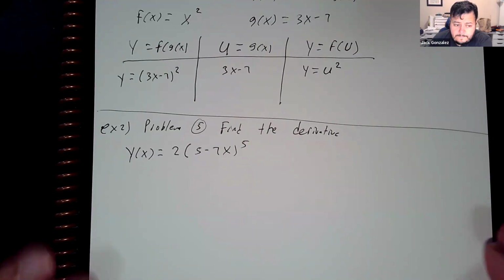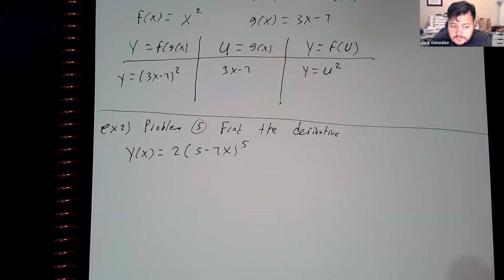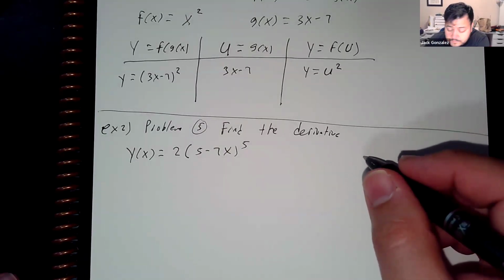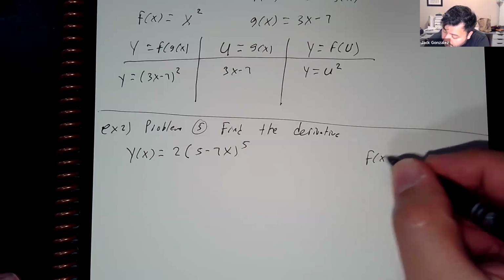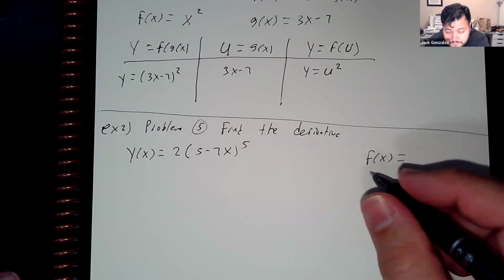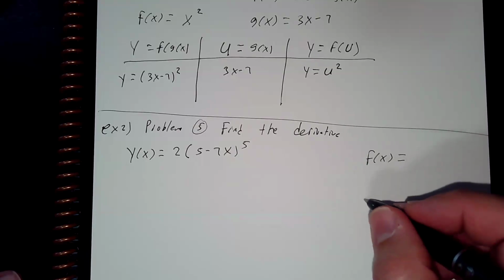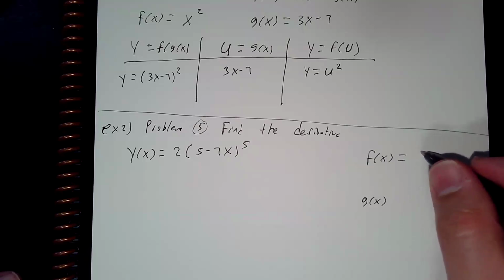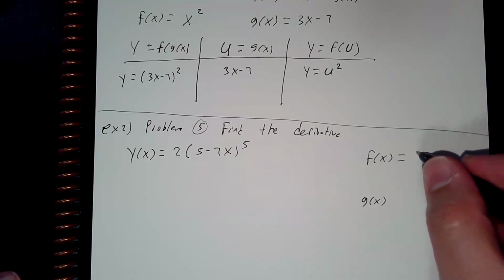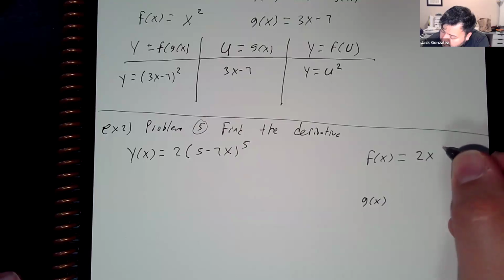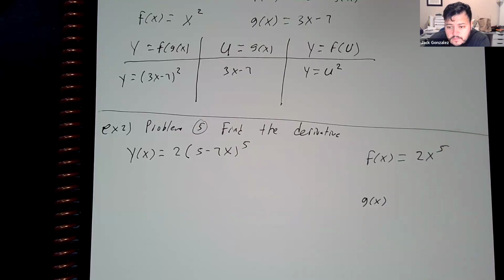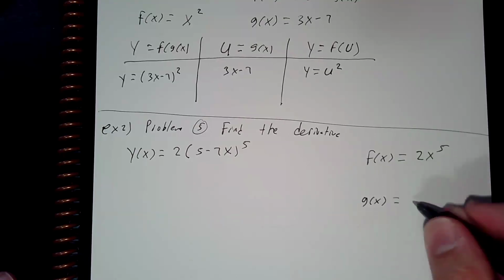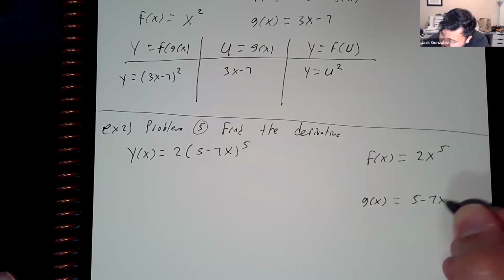All right, so again, what is the inner function? What is the outer function? Let's do outer first. The power 5 is going to be the outer one. Would it be 2x to the fifth power? Yeah, we might as well bring along the 2. But yeah, 2x to the 5th. And what's the inner? 5 minus 7x. Yeah, 5 minus 7x.